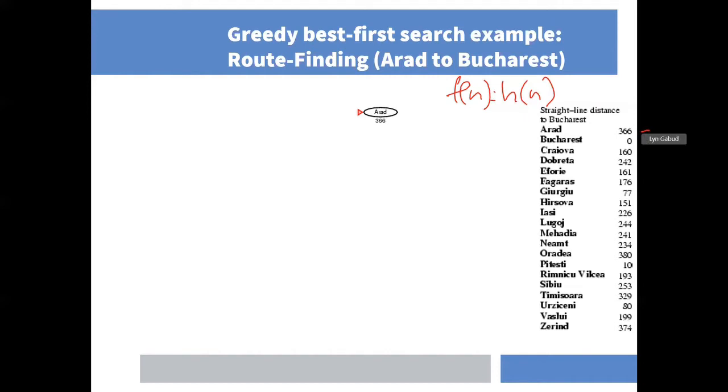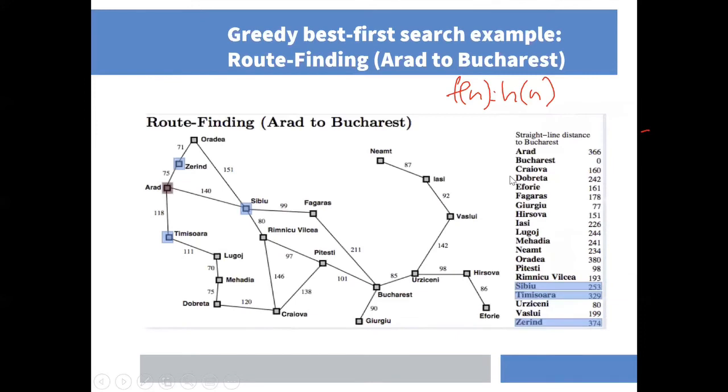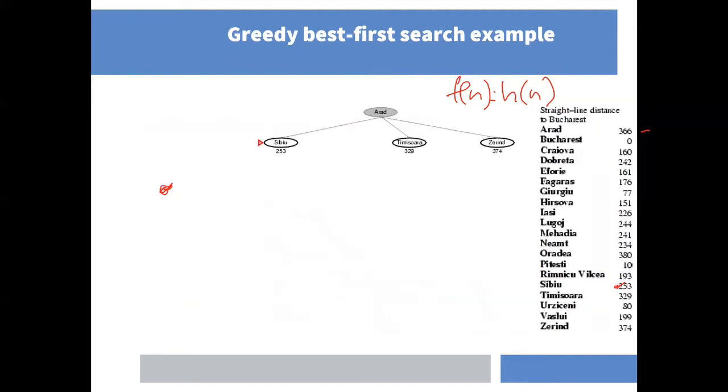But since it's the initial state, it's the root of our tree. From Arad, what are our options? Timisoara, Sibiu, and Zerind. Here you will notice Sibiu has the lowest SLD, or straight line distance, to Bucharest. That's why we will choose Sibiu.